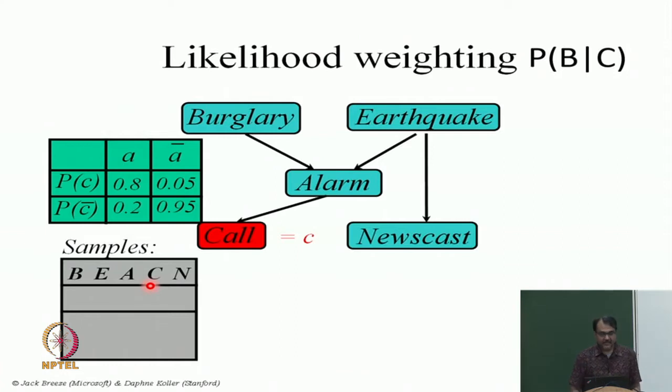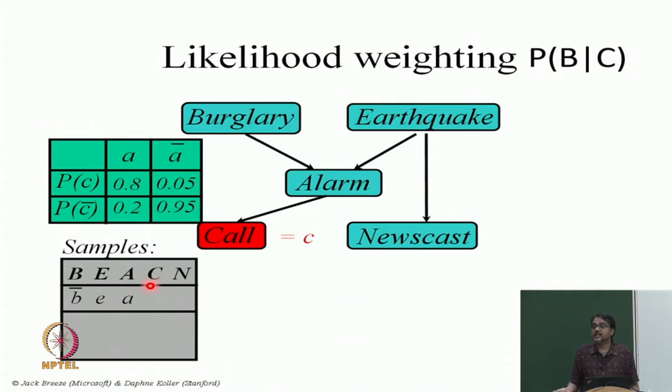So, we started sampling: burglary was false, earthquake was true, alarm was true. Now, comes the key step. Are we going to sample again from call given alarm? What do we want? We want C to be true in this sample.